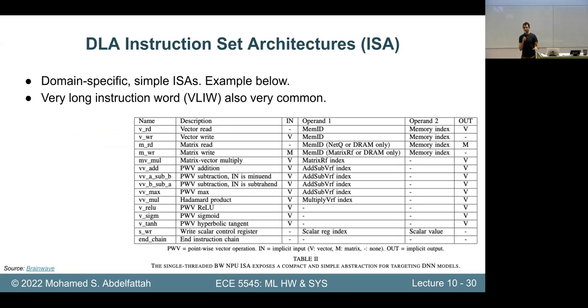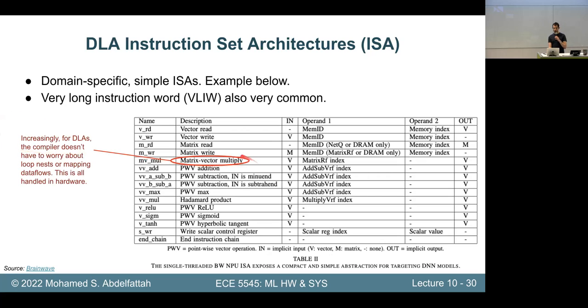And I think it's important to also have a mental view of what low-level hardware instructions look like for deep learning accelerators specifically. So I'm not talking about CPUs or GPUs anymore. Because these pieces of hardware are so specific, you would usually find very specific ISAs as well, or instruction set architectures.